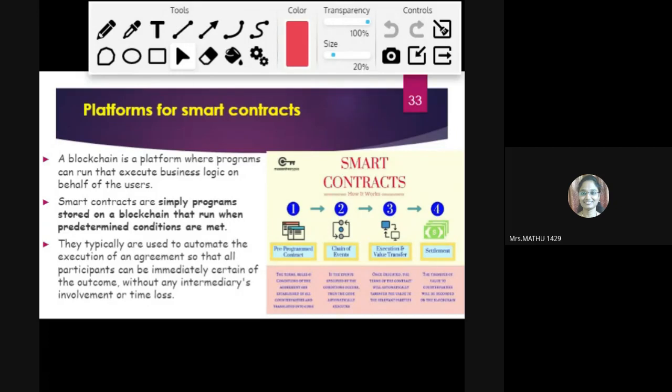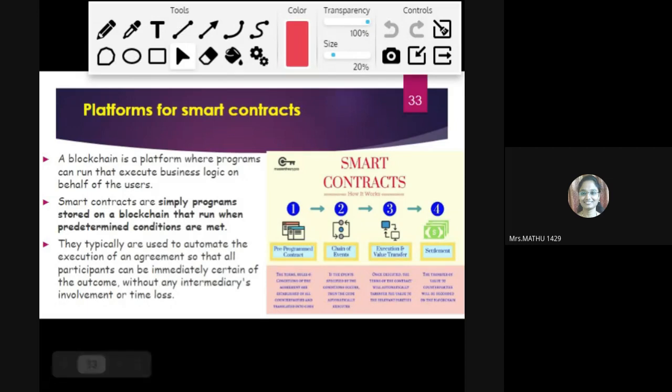Now just think of the normal procedure of how you buy and sell a land. Definitely you need some brokers to do all these things, and you need to register in an office. Several things are involved. So that is how blockchain technology helps as a platform for running such smart contracts.